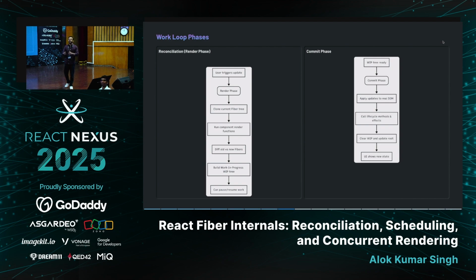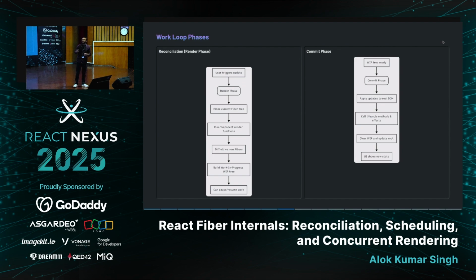Once this work in progress tree is ready, React immediately moves into the commit phase. This is where the commit phase starts looking into the effect list, that is, what changes have happened in the nodes. So it will look into the work in progress tree and call all the updates to the real DOM, and this is happening in parallel.